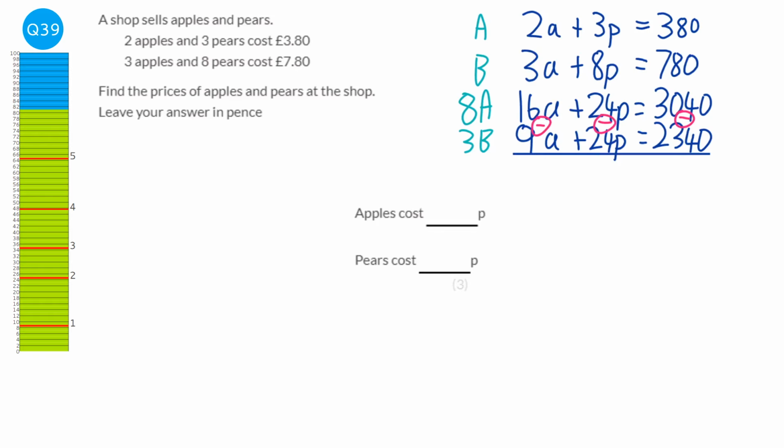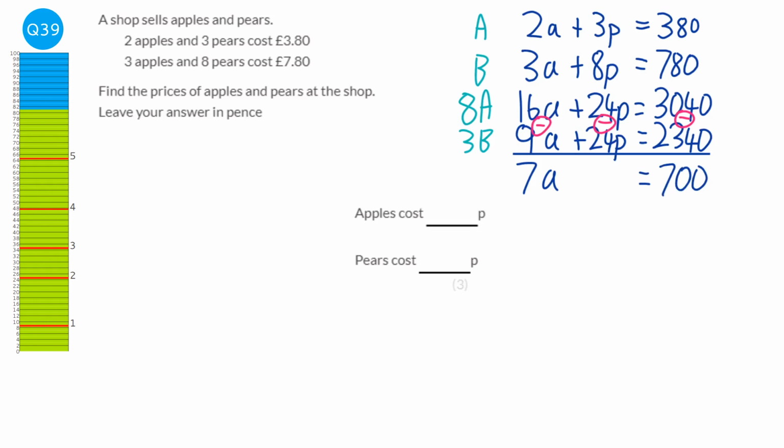So we're subtracting going downwards, and we're going to do 16a take away 9a, which will be 7a. 24p take away 24p, which is nothing, which is why we did that, to eliminate them. And then 3040 take away 2340 will be 700.